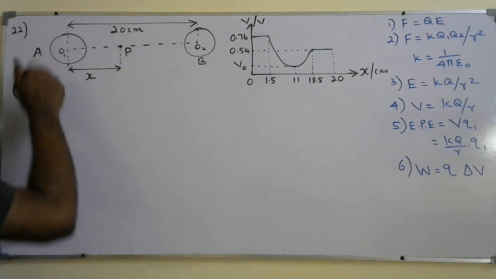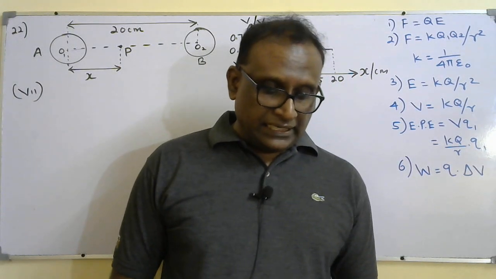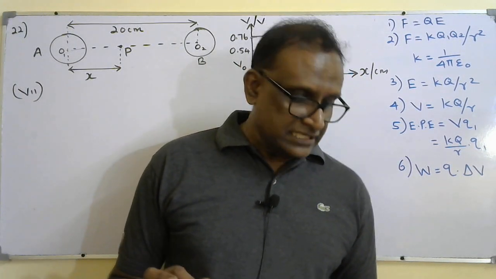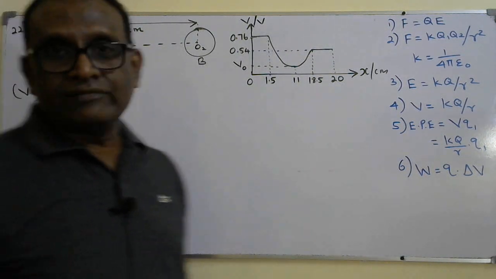Okay, so the last part of this question. An alpha particle is initially at rest on the surface of sphere A. Alpha particle, you know, is a positively charged particle.